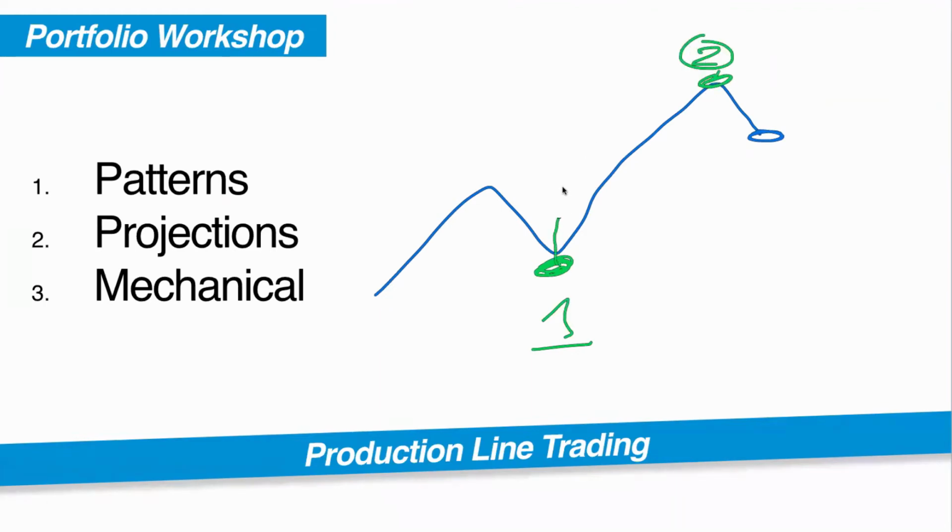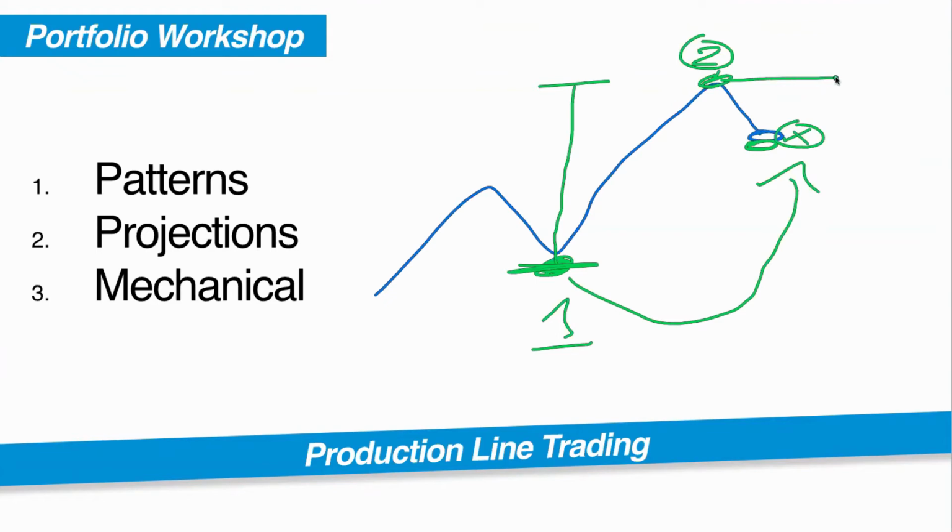I'm going to measure that distance, and then add it to the bottom of the next move. Now, I've got to make a presumption here: that my entry point is correct, and that's why we've put the trade on. If you're entering on the break of the pullback, let's say it's a small pullback, it's the same thing.